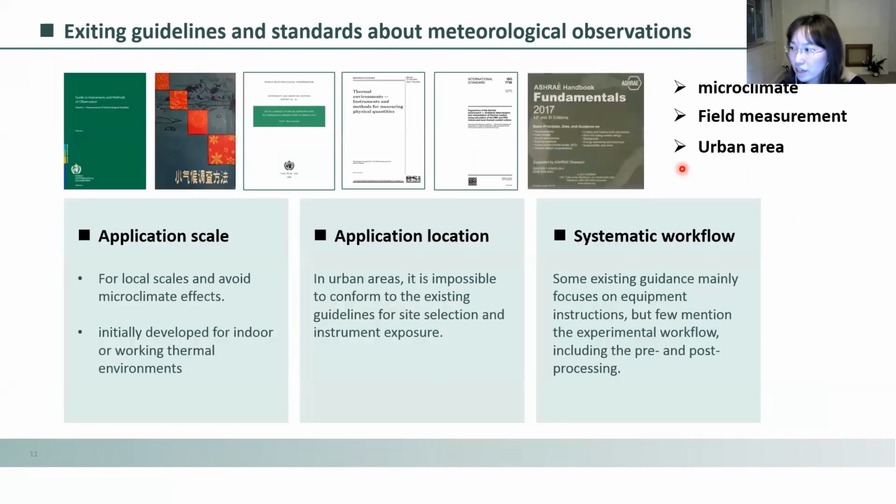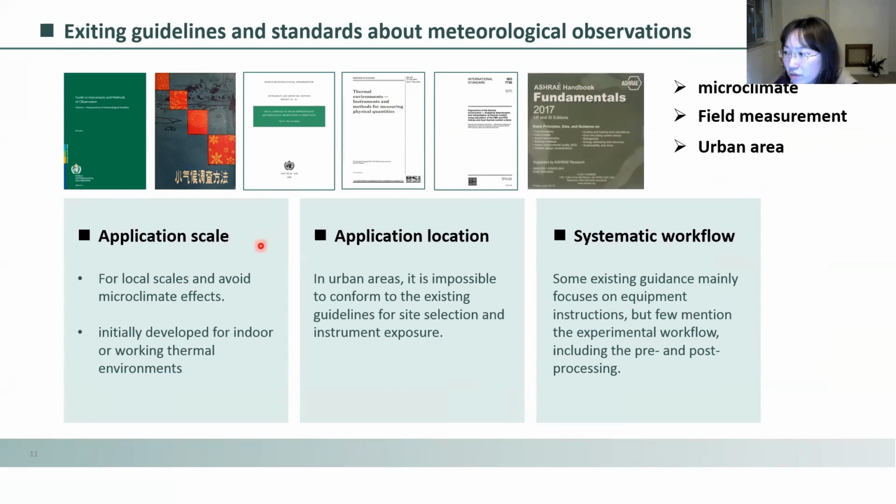Despite existing guidelines and standards about meteorological observations, when it comes to the microclimate field measurement in the urban environment, I think there are three issues that remain. First is about the application scale.